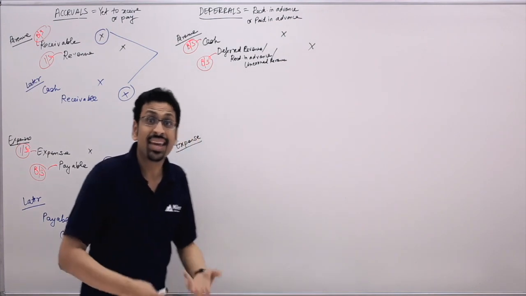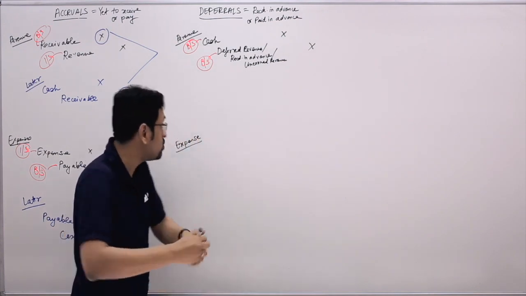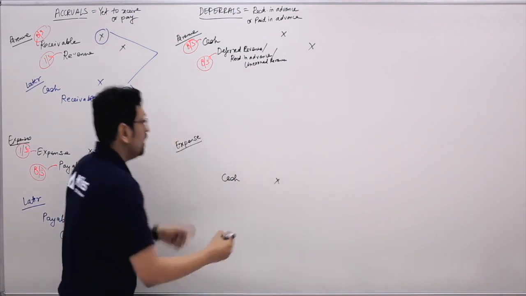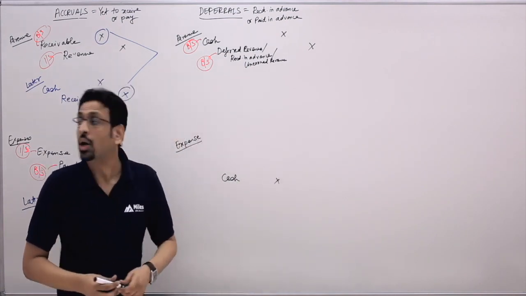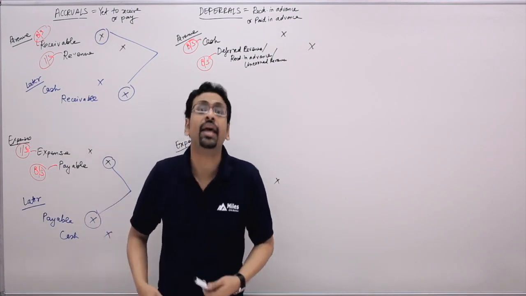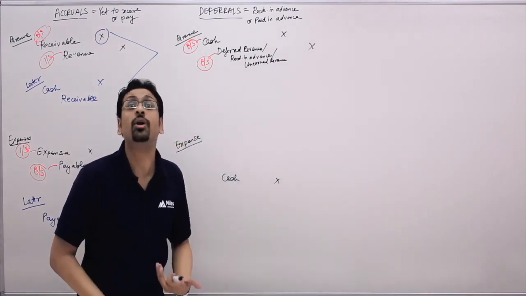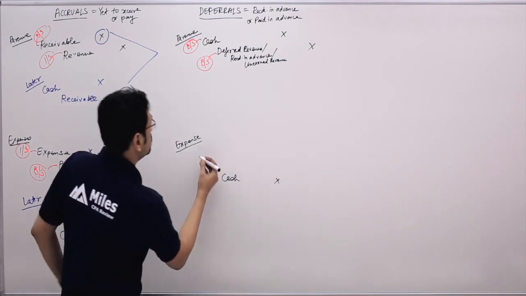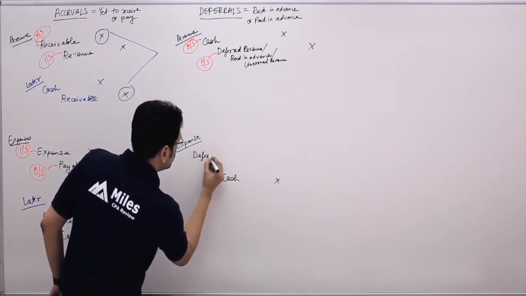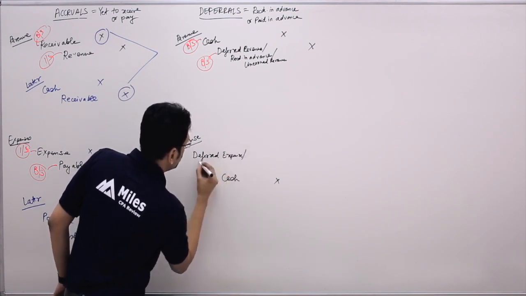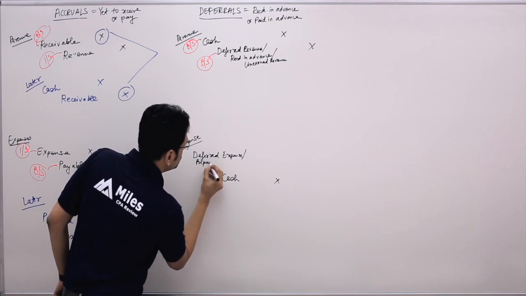So in that case, cash has gone out. I've already paid out the cash. So cash is credit. The debit is not to an expense account. The debit is to an asset account because right now it's a deferred expense or a prepaid expense. Also called prepaid expense.